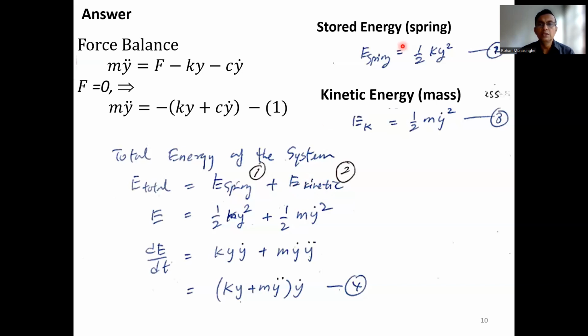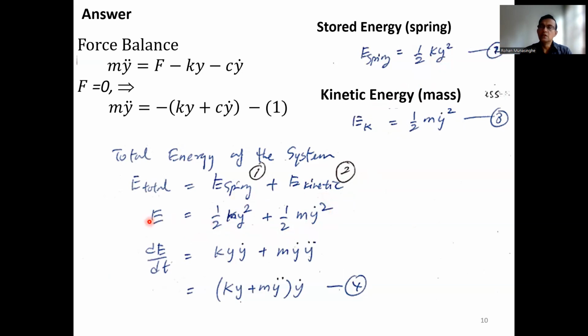Spring energy is half k y square plus energy in the mass, half m y dot square, which is moving at y dot. You add them together and you get the total energy over here.